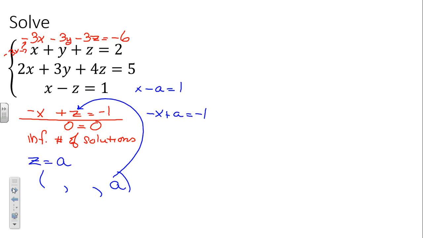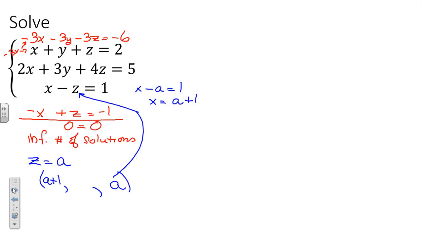Because what's x going to be when we solve it? We'll get the x by itself. x is a plus 1. So whatever number we use for a, the x coordinate will be 1 bigger.